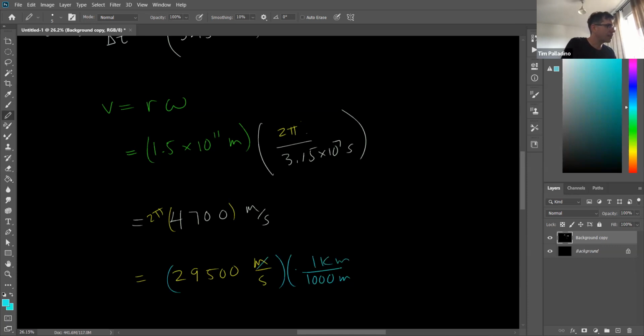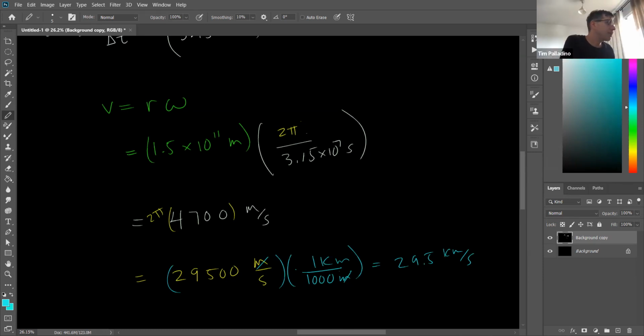So if we cancel this with that, we get, in this case, 29.5 kilometers per second, which is what the book got. Yeah, they just rounded to 30. Yeah, just for sig figs.